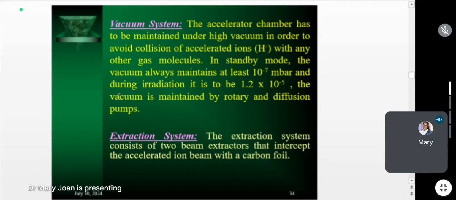In standby mode, the vacuum is always maintained at least at 10 raised to minus 7 millibar, and during irradiation it is to be 1.2 into 10 raised to minus 5. The vacuum is maintained by rotary and diffusion pumps, and the extraction system consists of two beam extractors that intercept the accelerated ion beam with a carbon foil.